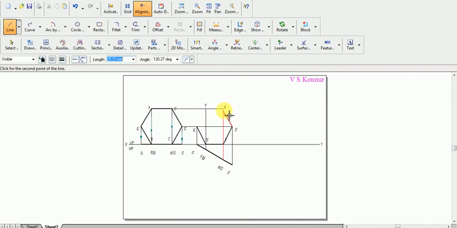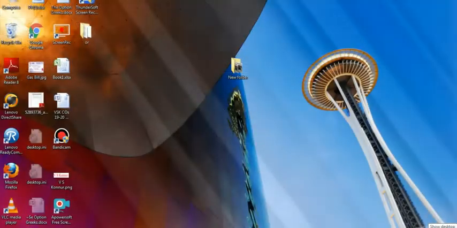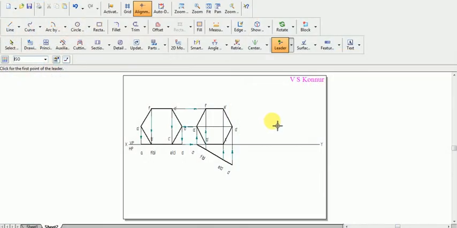This endpoint, this endpoint, this and this. Now draw the arrow marks. Now the second position is completely over.